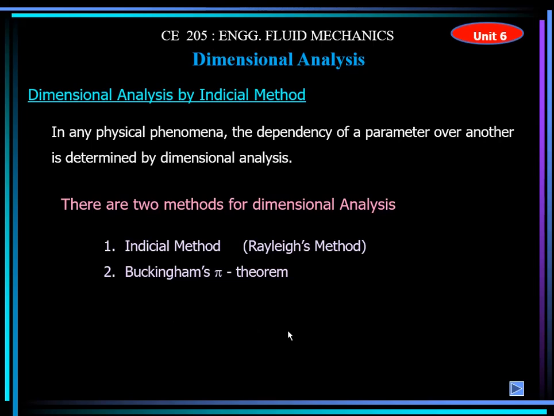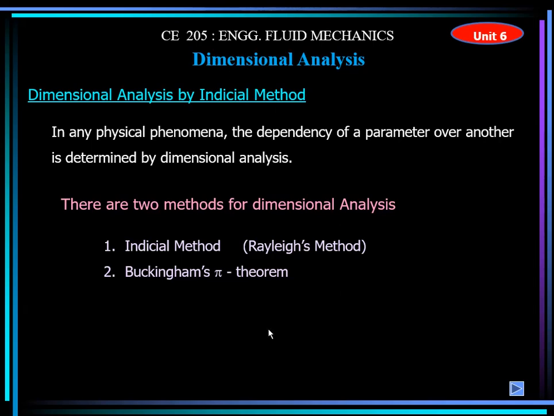Based on that, you find out, for example, the velocity is proportional to the area of the channel, to the hydraulic radius, and to the slope of the channel. Once you know the dependency of one parameter on the other, you can develop that formula. So the Manning and Chezy formulas were developed based on these studies.